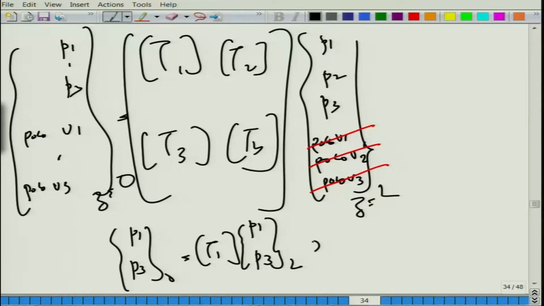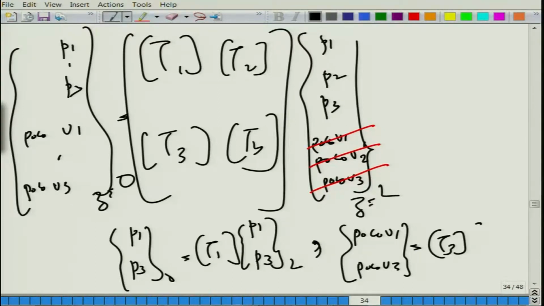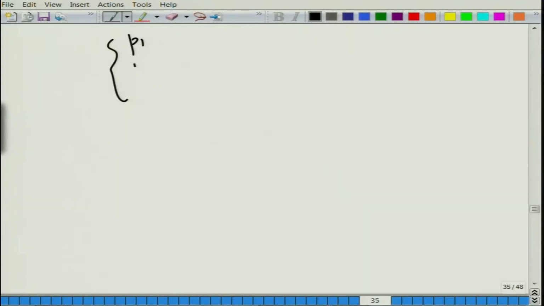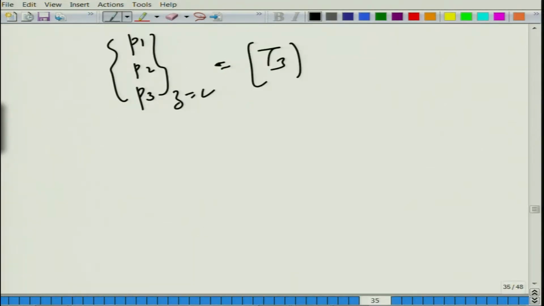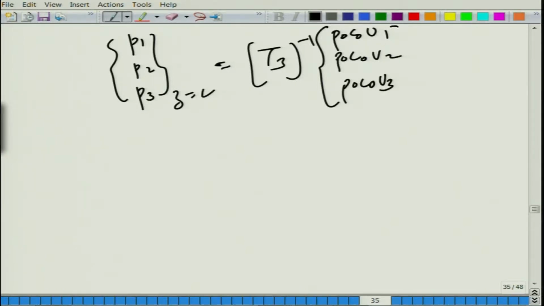Okay. And similarly rho naught C naught U1 to rho naught C naught U3 is equal to T3 matrix times P1 to P3 at L. So, P1, P2, P3 is the inverse of this. So, this will become T3 inverse of your rho naught C naught U1, rho naught C naught U2 and rho naught C naught U3.